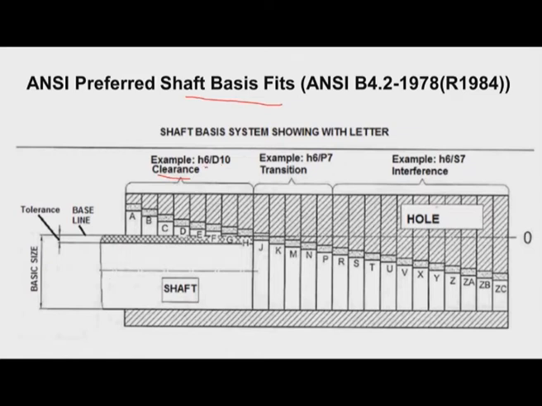H6 D10 will give us the clearance fit, and from J to P with the H shaft will give us the transition fit, and then from R hole to ZC with the H shaft we can get the interference fit.